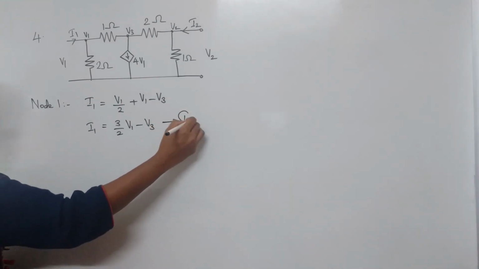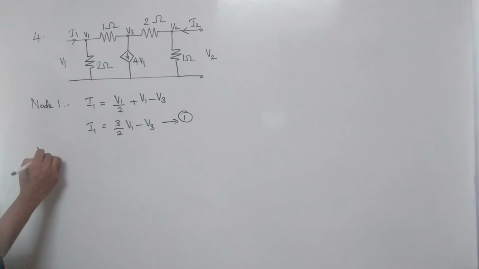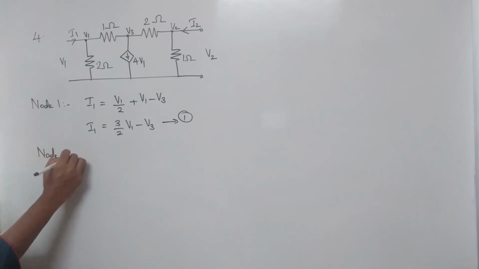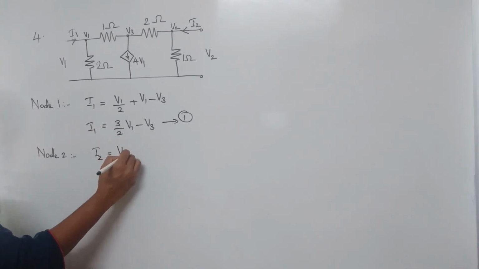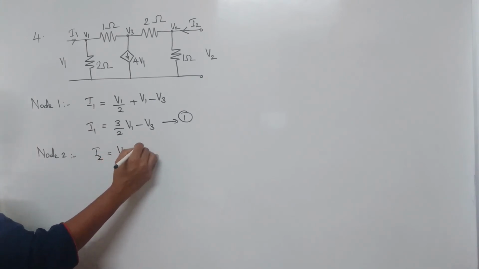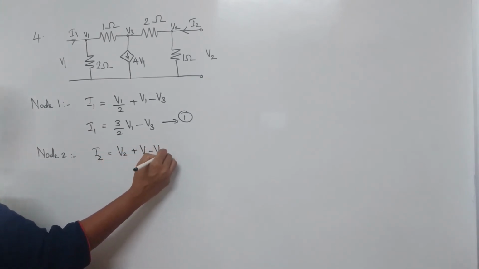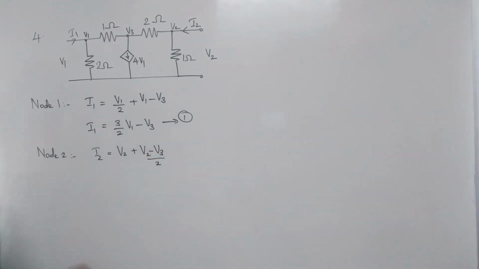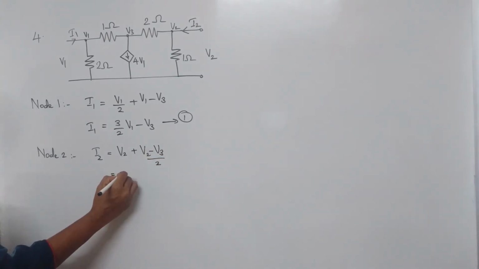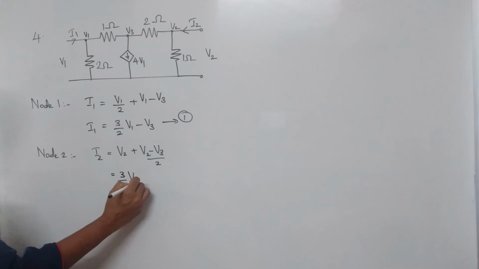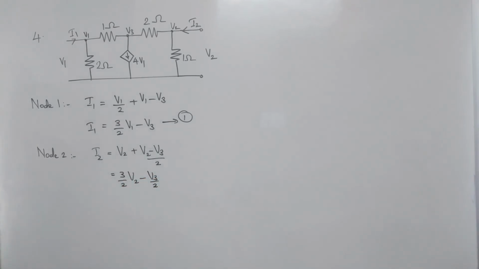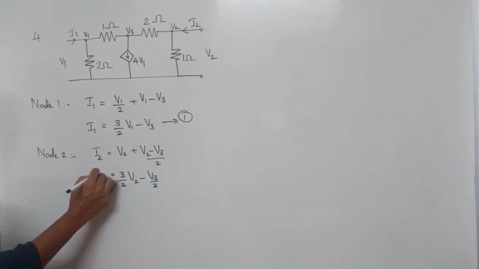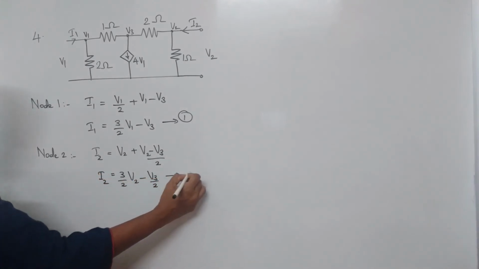Let this be equation number 1. Next is node 2. I2 is equal to V2 by 1 plus V2 minus V3 by 2, or this will be equal to 3 by 2 V2 minus V3 by 2. This is equation number 2.